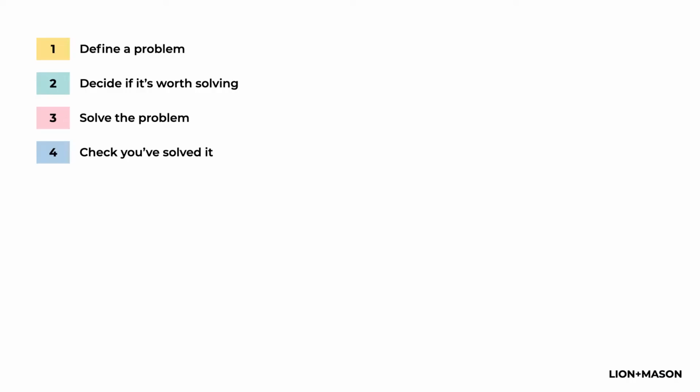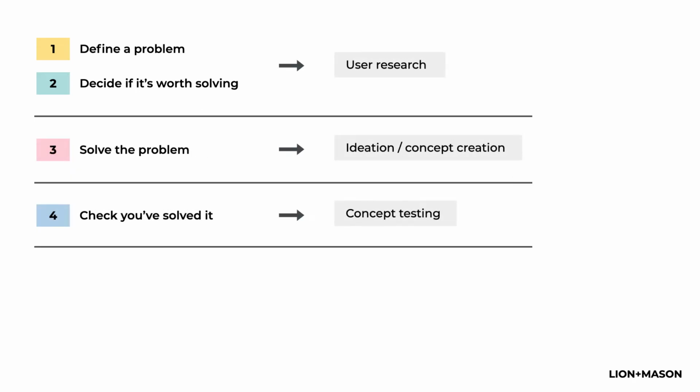So if we go back to the method from the start about product design, the 4 stages, these can actually be broken down a little bit further into specific user-centered design activities. So 1 and 2, just defining a problem, understanding that problem. That's basically a bit of upfront user research.